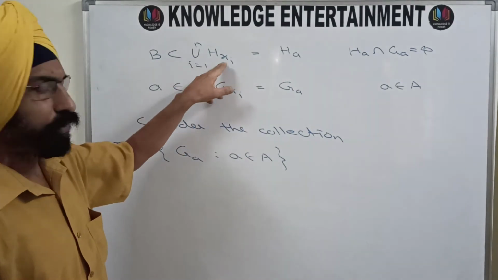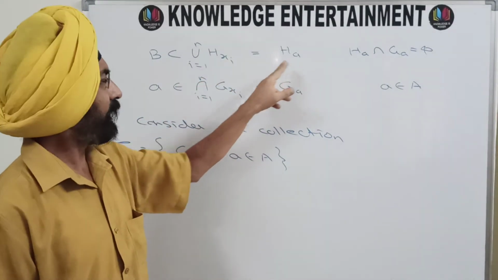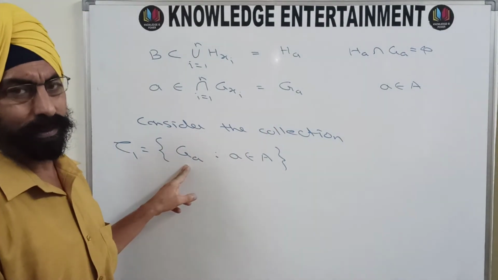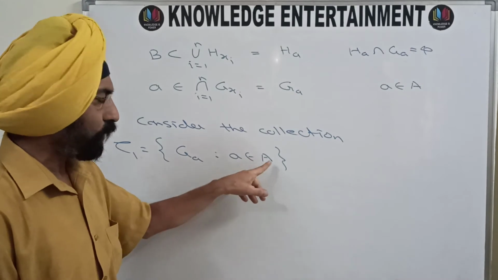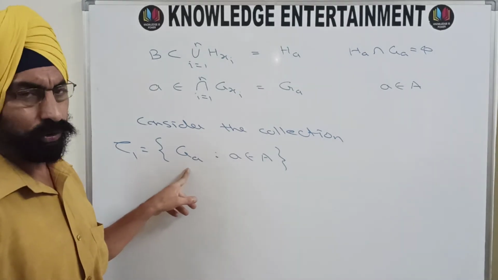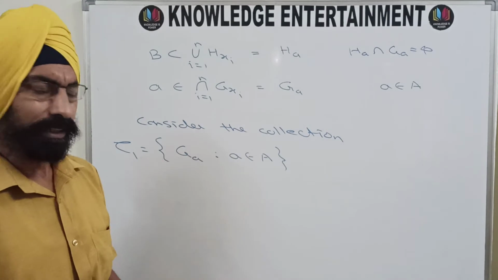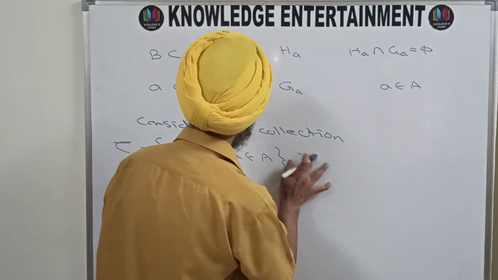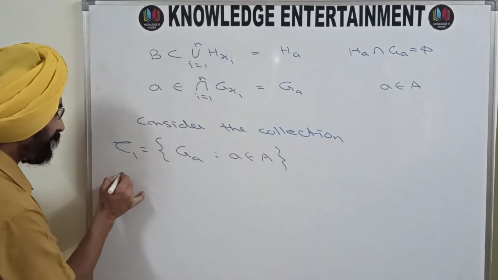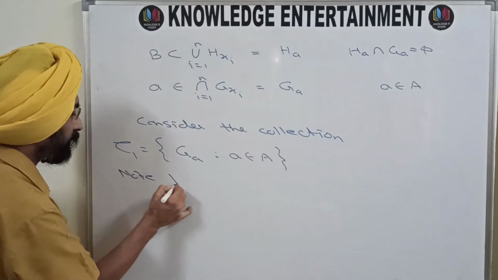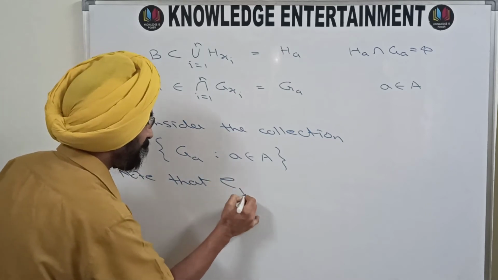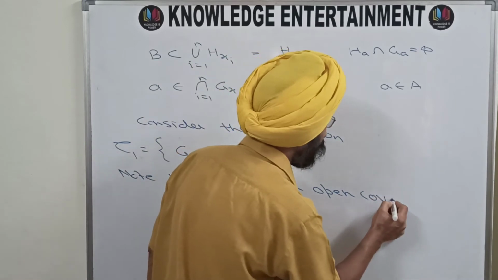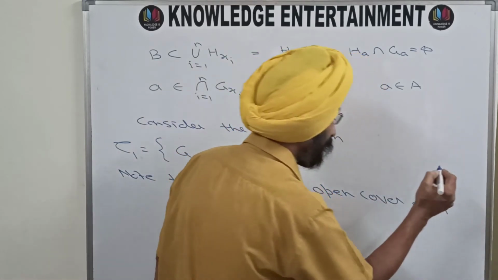So finite union of open sets is an open set, so HA is open. Finite intersection of open sets is open, so GA is also open. So each of these GA is open, and for every a belonging to A you have some GA. So their union will cover A. So this C1 is an open cover of A.